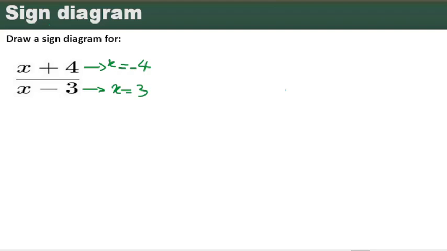Now I try to draw a table to show where my graph would be negative and where it's positive. So here I put x. It's my x.